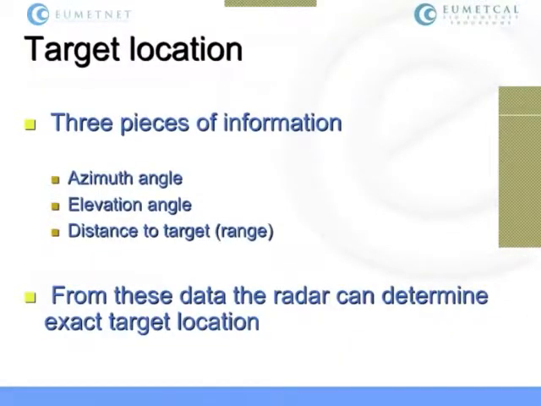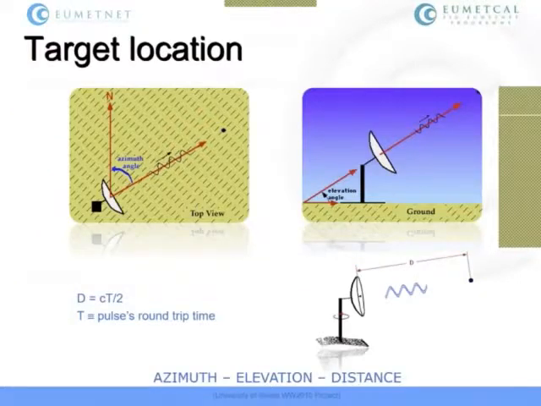Given a target, we need three pieces of information to determine the exact location: the azimuth angle, the elevation angle, and the distance to the target, which is called the range or the slant range. On the upper left-hand side we see a top view. If we have the north arrow, the azimuth angle is the angle between the north direction and the direction where the antenna is oriented.